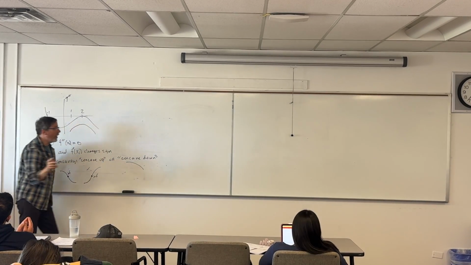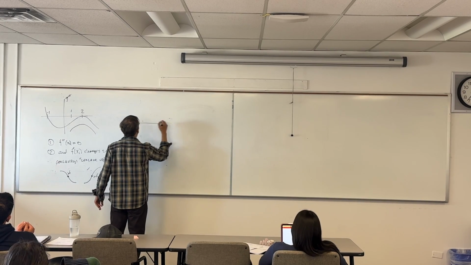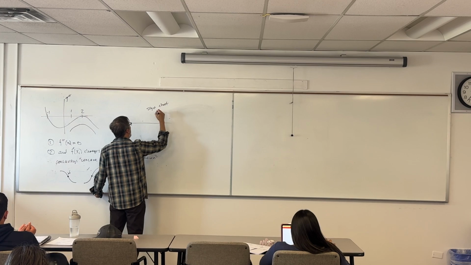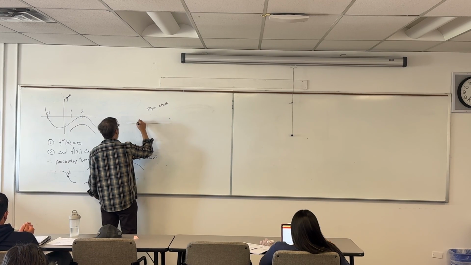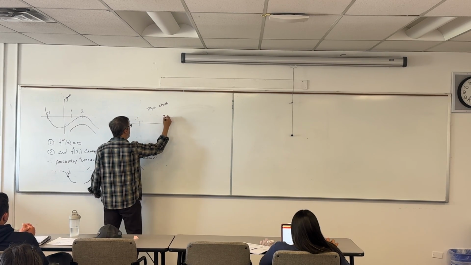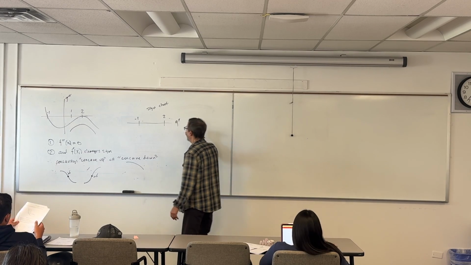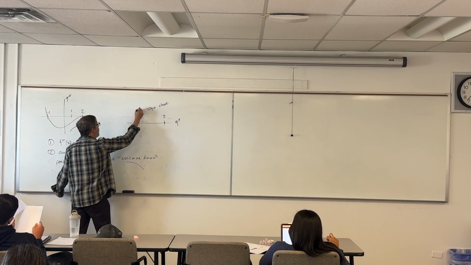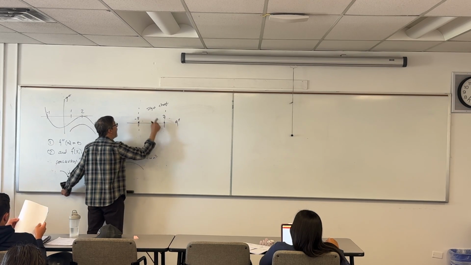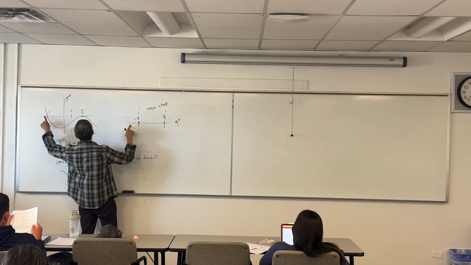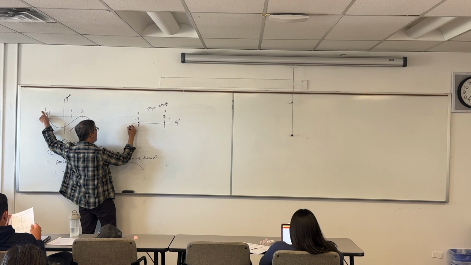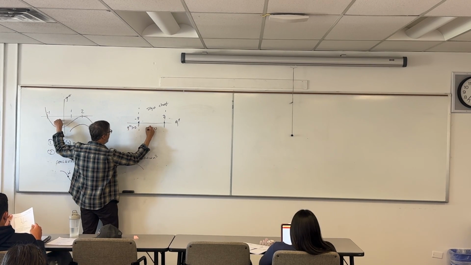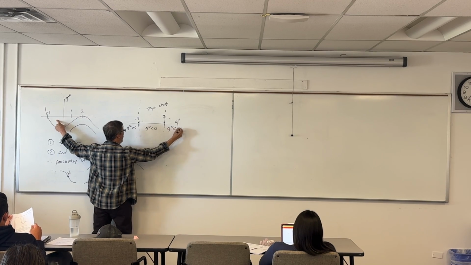And then also on there, I asked you to do a sign chart and talk about concavity. And everybody did the sign chart great. So this is g double prime. Everybody got that. You've got a 0 here and a 0 here. But when I say address the concavity, your second derivative, everybody kind of got this. g double prime is positive here, g double prime is negative here, and g double prime is negative here.